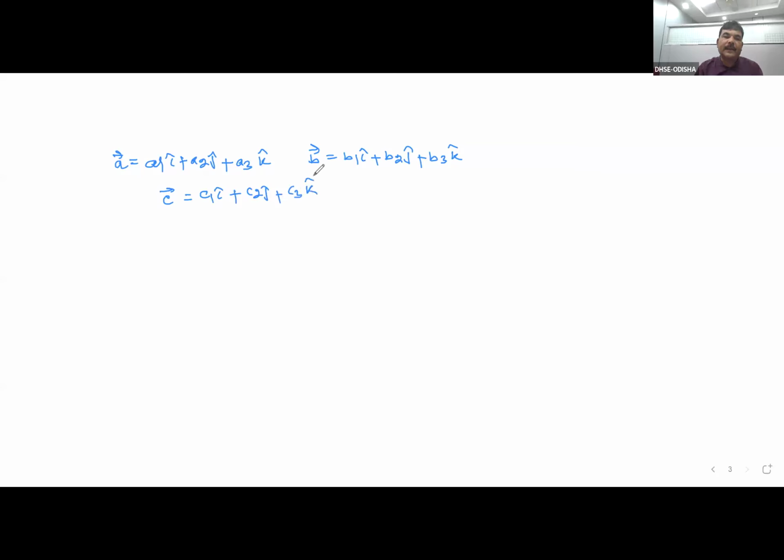Vector A is equal to A1 I cap plus A2 J cap plus A3 K cap. Vector B is equal to B1 I cap plus B2 J cap plus B3 K cap. And vector C is equal to C1 I cap plus C2 J cap plus C3 K cap.